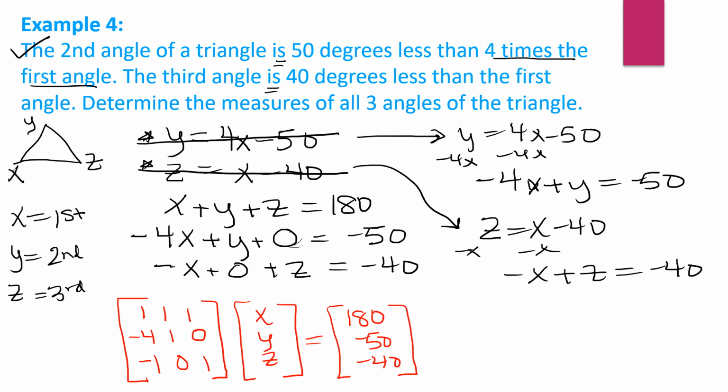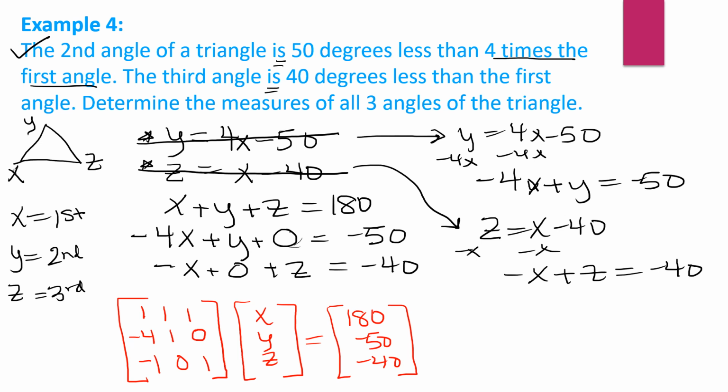Okay, so if you enter the rows in differently, that's okay as long as they all match. So I've got to have the coefficients and the value for the constant all across the same line, whichever row they're in. The coefficients and the value for the next equation and the third equation.